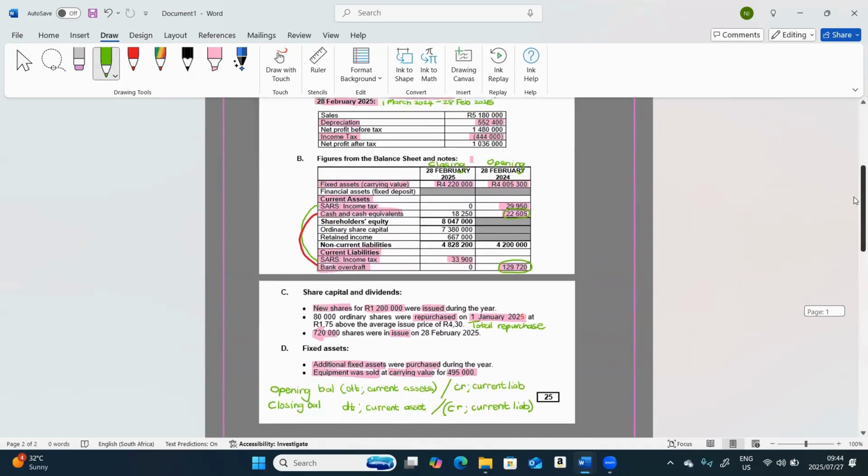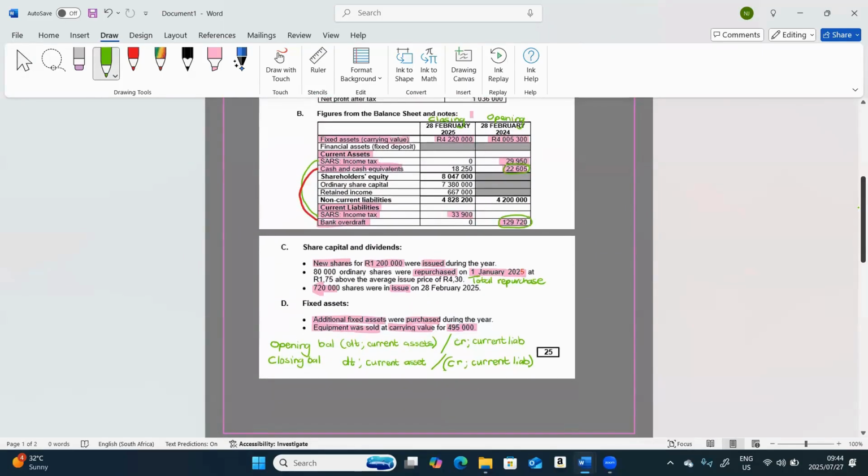So let's have a look at what happened to our loans, guys, because we have to know if this was a cash inflow or a cash outflow. Did we take out more loans? Remember, when we borrow money from a bank or a third party, they provide that money to us.